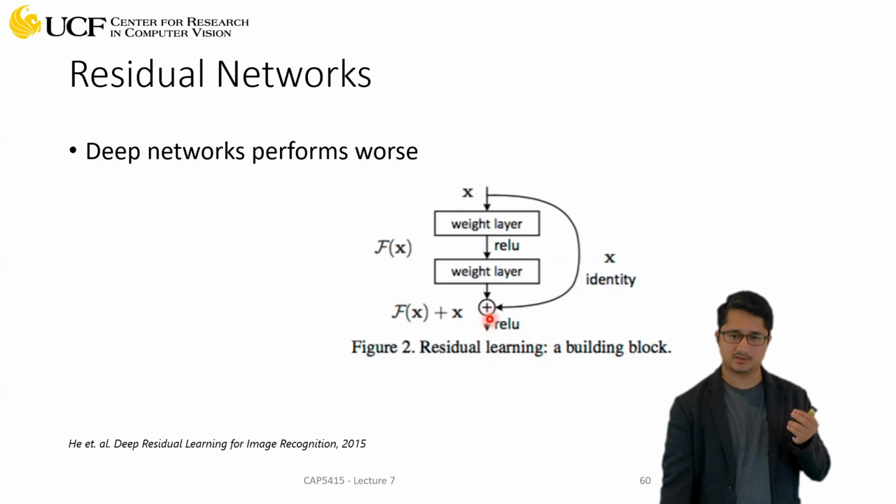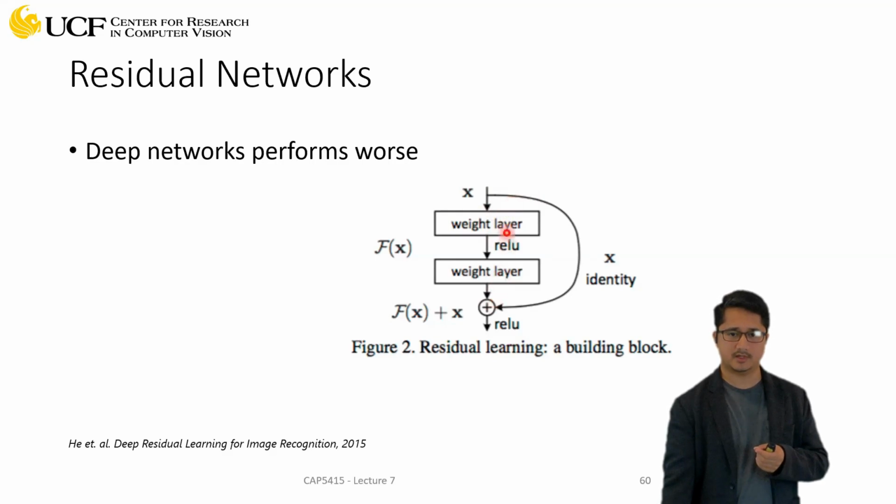We covered that whenever you have an addition operation, you just distribute the gradient. So the gradient will go in this direction, and also in this direction. Because of this shortcut connection, whatever gradient you have at this point will reach here, and this point will also receive gradient from this branch. So the gradient is coming from two different directions.